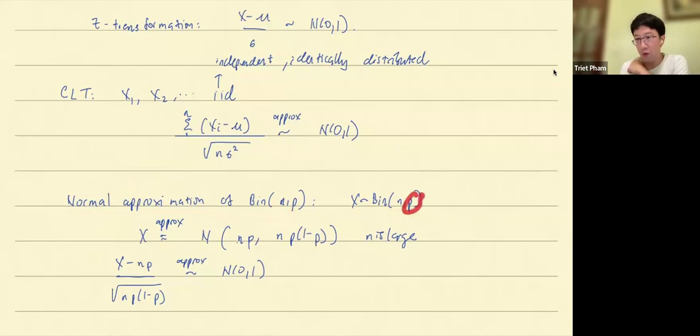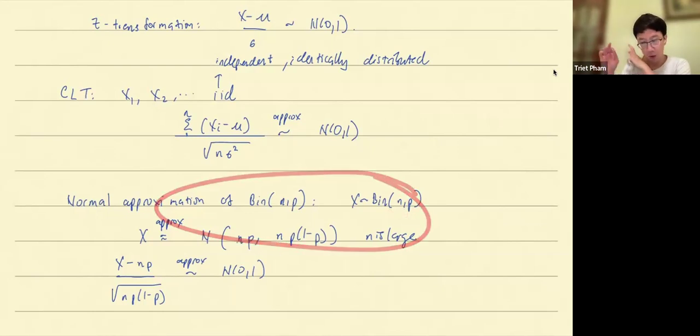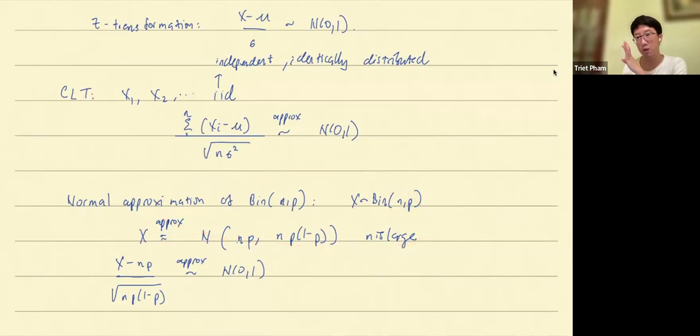For a rare event, you should use the Poisson approximation. But for P around 0.3, 0.5, and then N large, that's when you use normal approximation. So that's a sort of, I don't want to call it tricky thing, but if you have P really small, like 0.01, then be careful. It should be the Poisson approximation for the binomial rather than normal approximation.